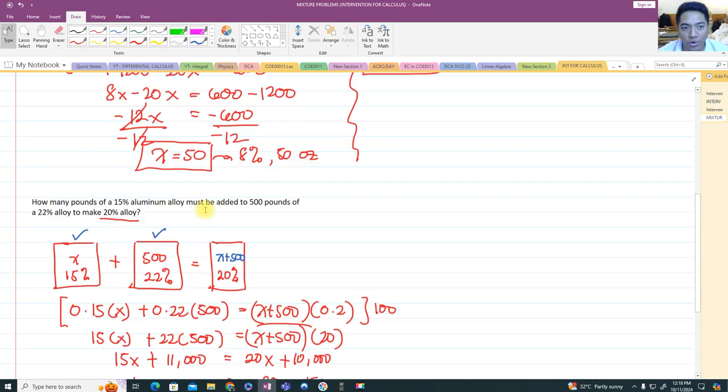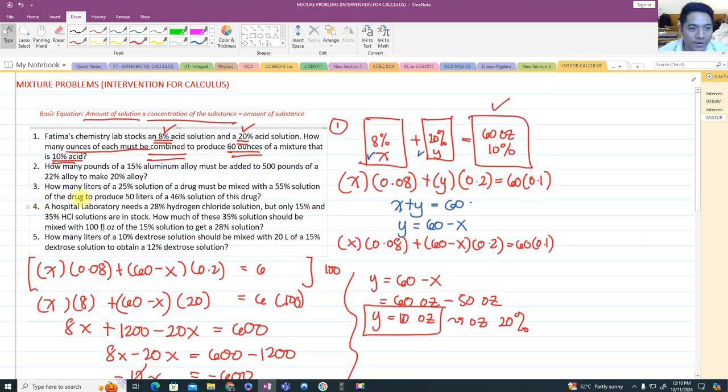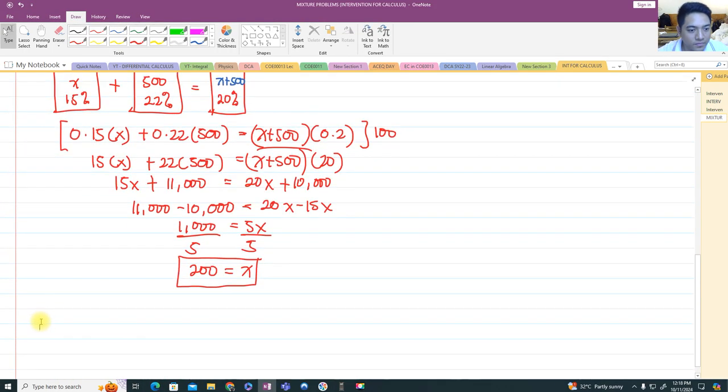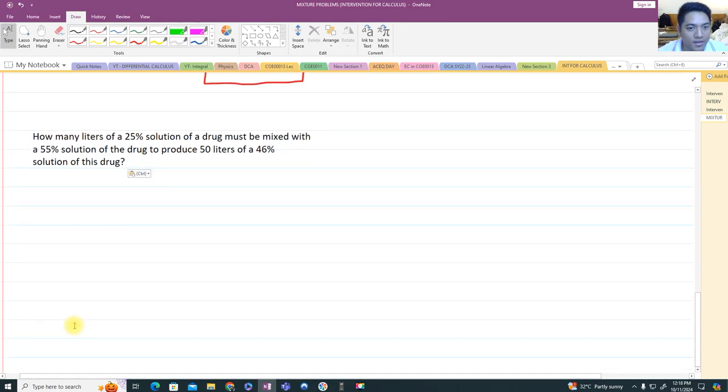It's much easier if you draw the rectangle so that you can have a view of what is happening in the problem. So number 3: how many liters of a 25% solution of a drug must be mixed with a 55% solution of the drug to produce 50 liters of a 46% solution of this drug? Again, we're going to draw it. We don't know the liters of the 25% solution, that's x.